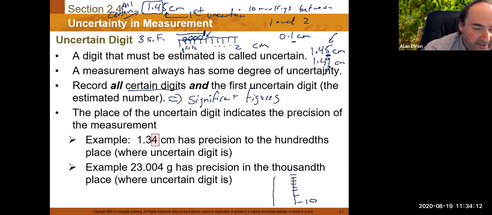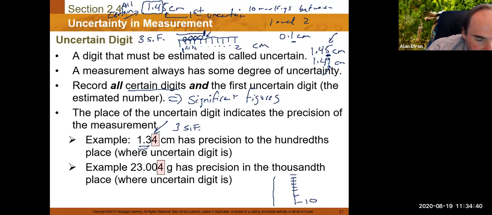So if we look at these numbers here on the bottom, 1.34 has a precision to the 100th place, and that's where the uncertain digit is. So when we see a measurement given to us as 1.34, these first 2 numbers here would be our certain digits. This would be our uncertain digit, and this number would have 3 significant figures. 23.004 has the precision in the thousandths place.